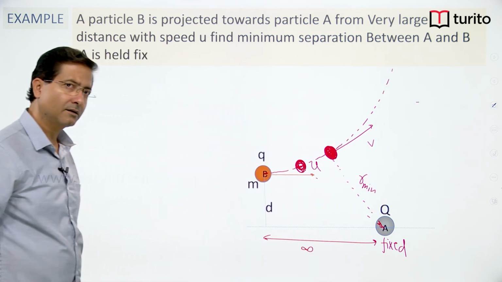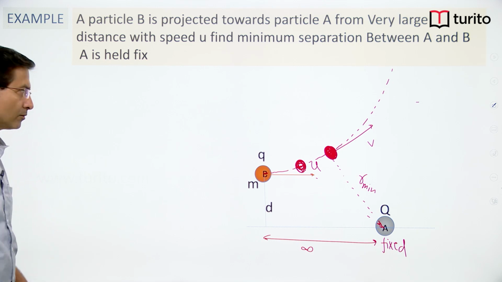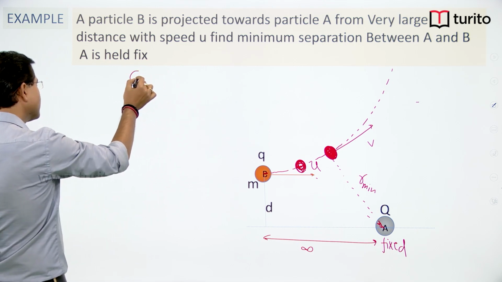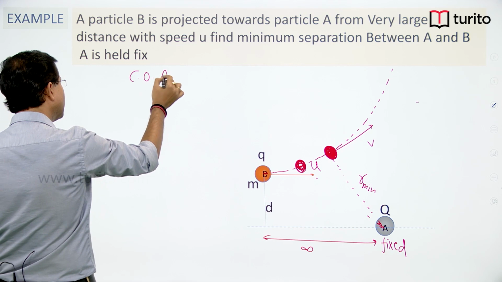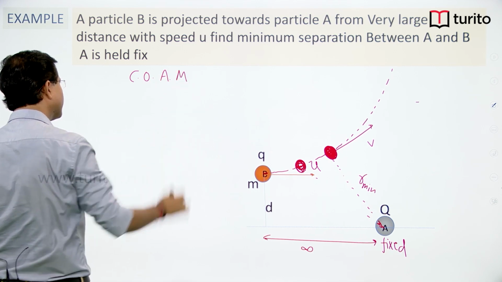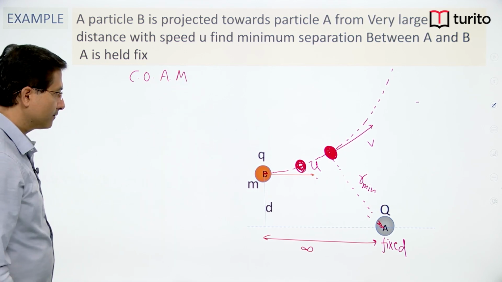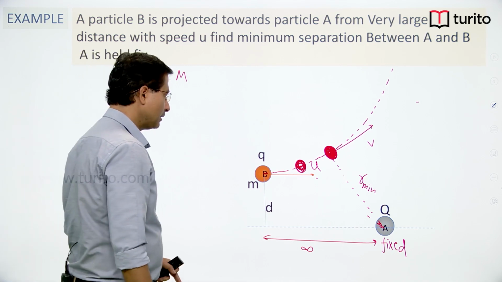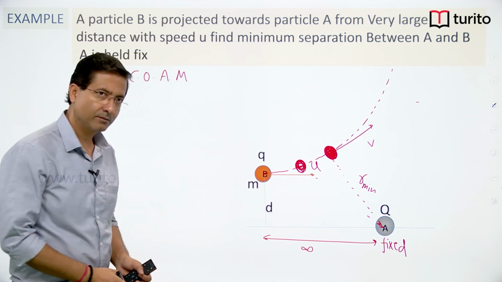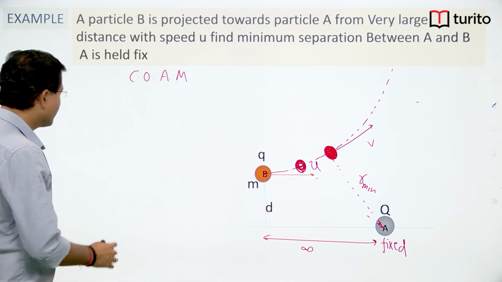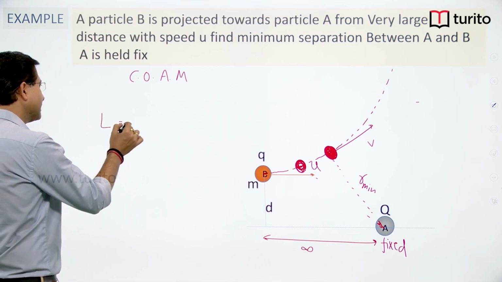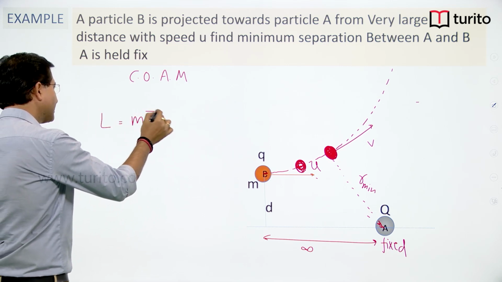Let us first write conservation of angular momentum. See, initial angular momentum. The formula of angular momentum for a particle is m r cross v.